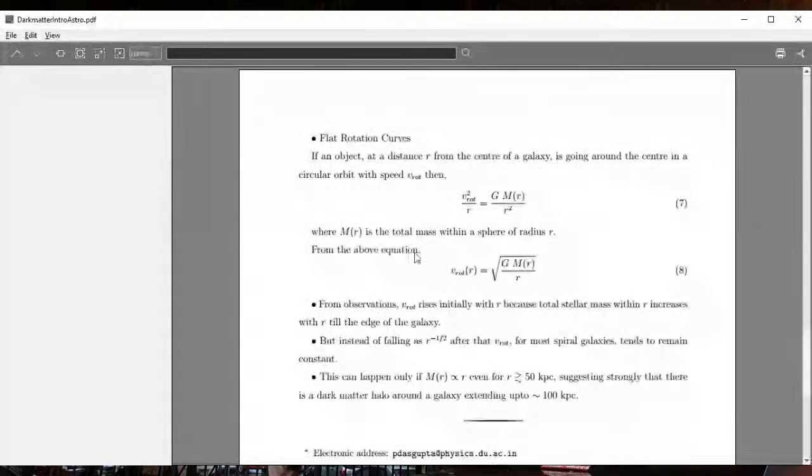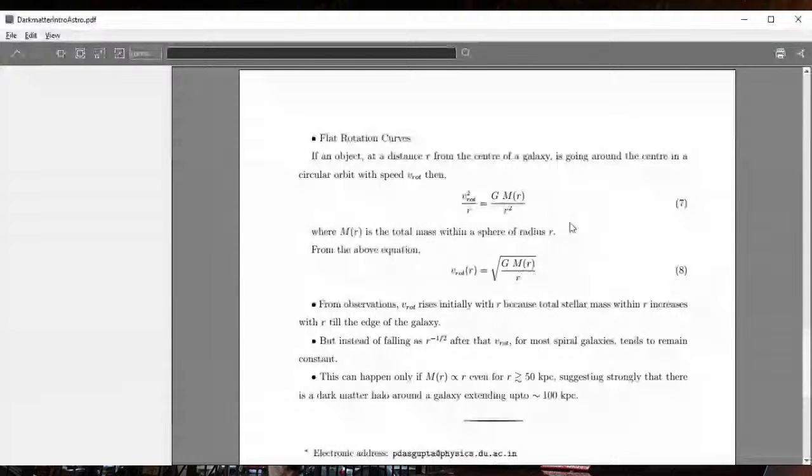But when you leave the boundary of the galaxy, M of r will not increase if the galaxy is only made out of baryonic matter. Outside the galaxy, you don't see any stars. So M of r will be constant, but then the rotational velocity must go down as 1 over square root of r.